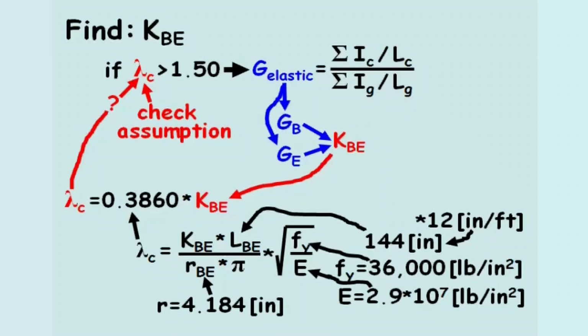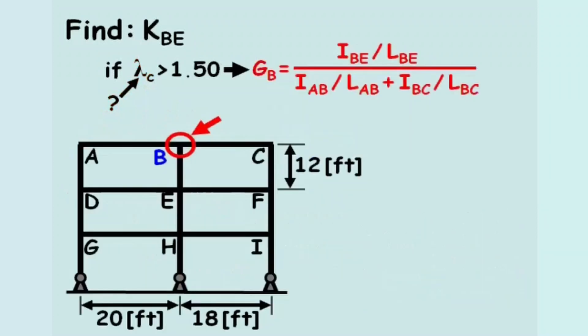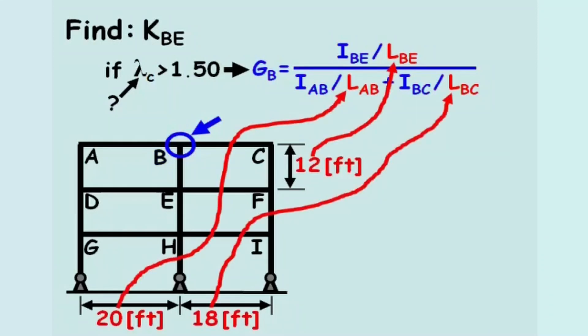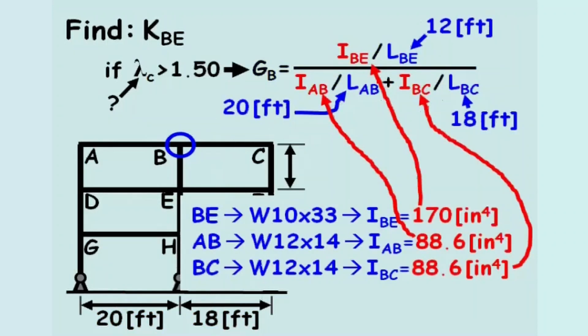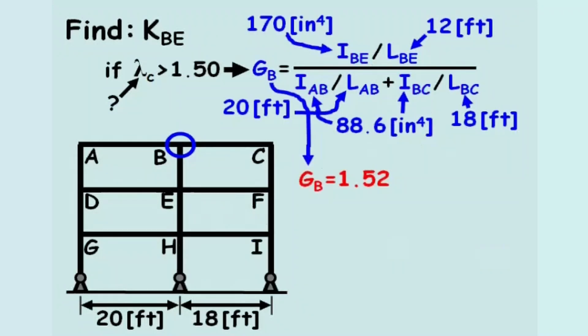The end condition coefficient for joint B is computed by plugging in the appropriate lengths and plugging in the area moment of inertia values about the stronger axis. The end condition coefficient at joint B equals 1.52.